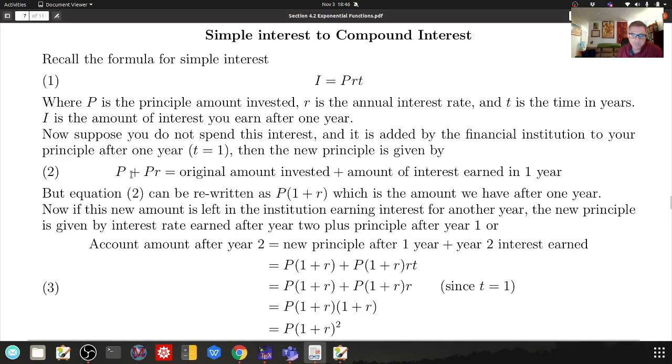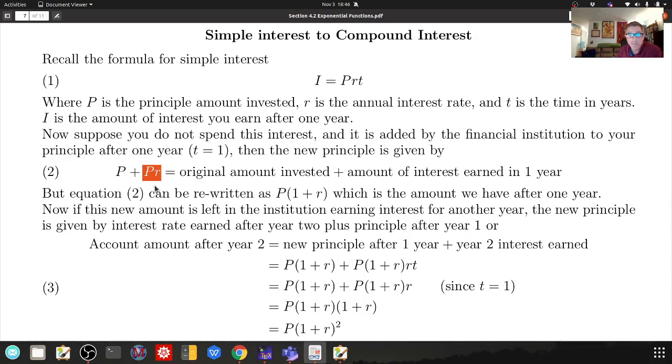So suppose you invest an amount of money and you don't spend the interest. So if you don't spend the interest, at the end of, let's say, a year, it's added by the financial institution to your principal after that year. So your new principal is given by your original principal P plus P times R. Why is it P times R?